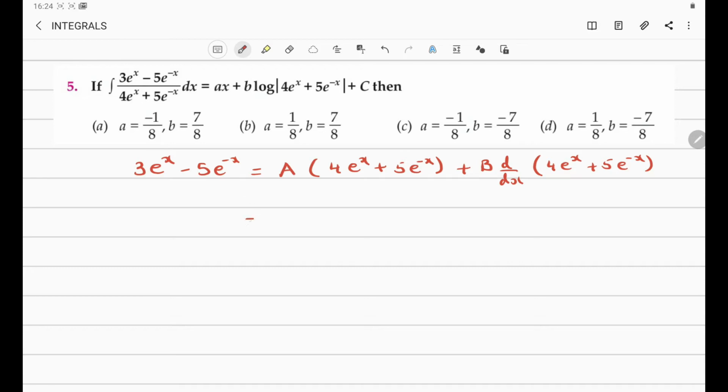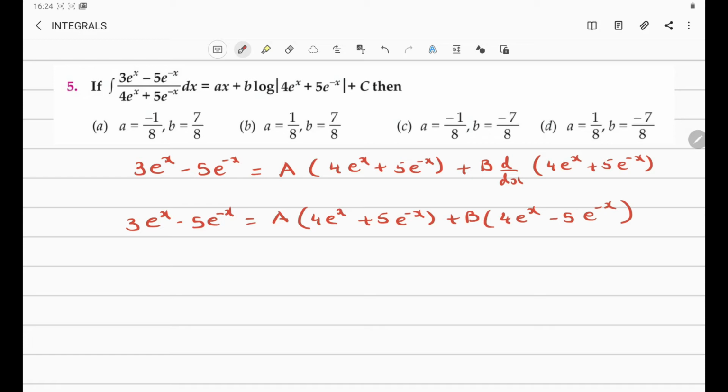So, we get a times 4e^x plus 5e^(-x) plus b times the derivative: the derivative of 4e^x is 4e^x and the derivative of e^(-x) is minus e^(-x), so you get minus 5e^(-x).